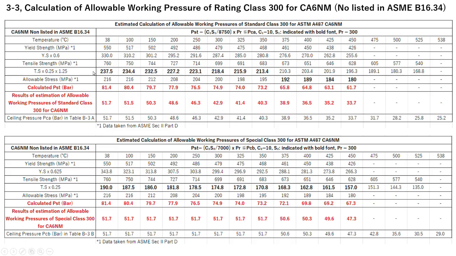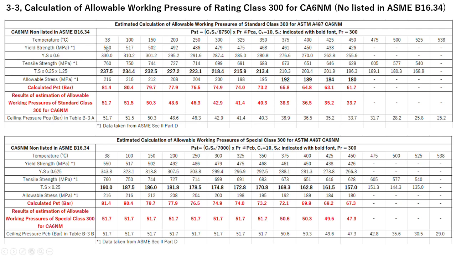In the same manner, we calculate the allowable working pressure PST. PST and PSP use the same equation. The yield strength and tensile strength are taken from Section 2 Part D and written down here.